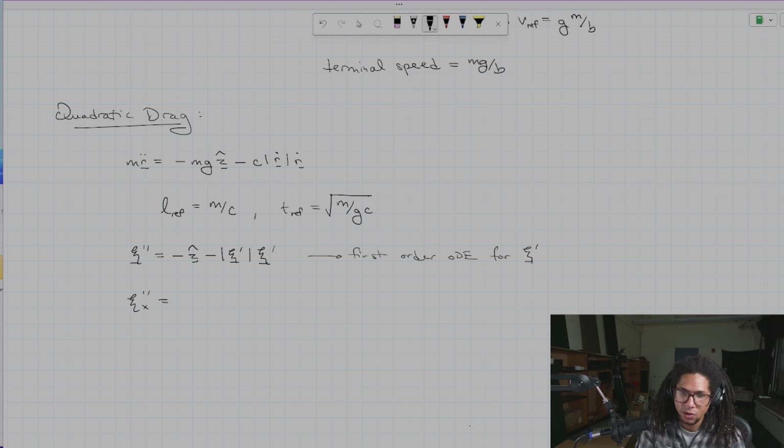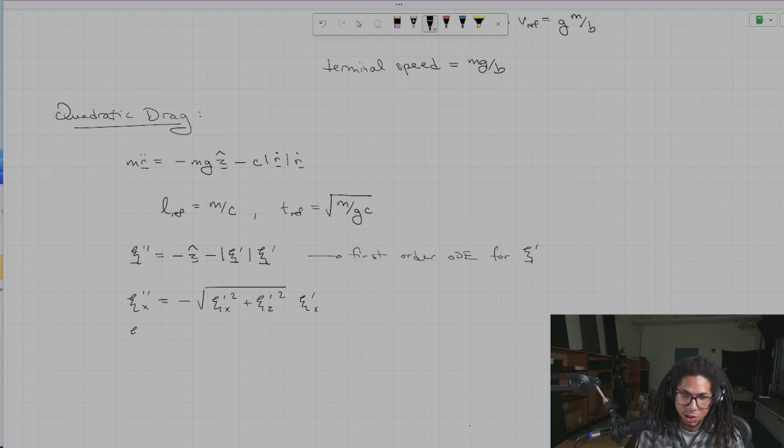In the x direction, there's no z hat component, so I just have minus the length of c prime, which is equal to the square root of cx prime squared plus cz prime squared, times the x component of the c prime vector, so that's cx prime.